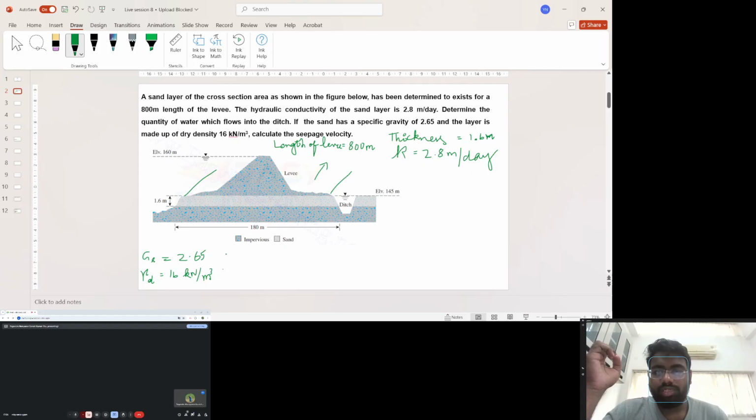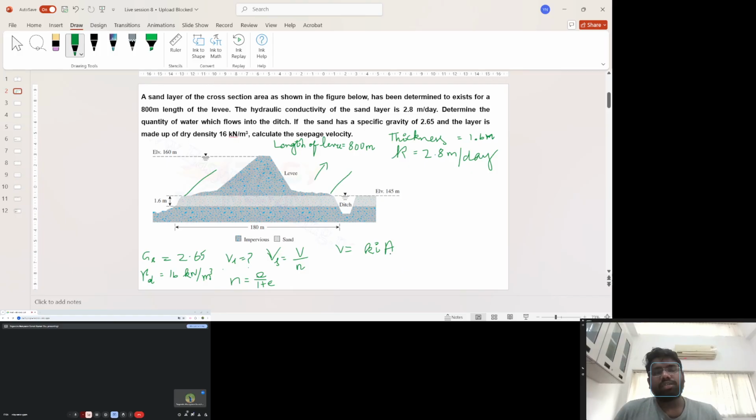We need to find the seepage velocity Vs. How is Vs defined? Vs is the discharge velocity divided by porosity. Porosity is defined as e by 1 plus e, and V is Ki. We know the hydraulic conductivity K.